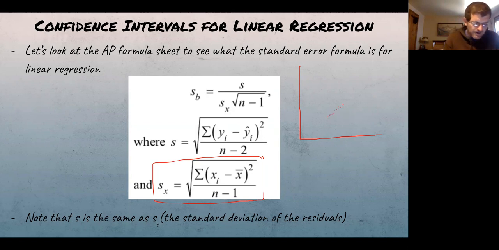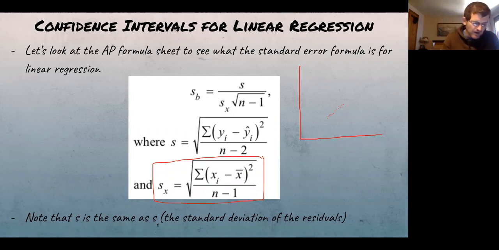So maybe if I learn there was some data over here, that's going to change my slope a bit. So when you don't have a very wide spread with your x, you're going to have less certainty with your confidence interval on the true slope.